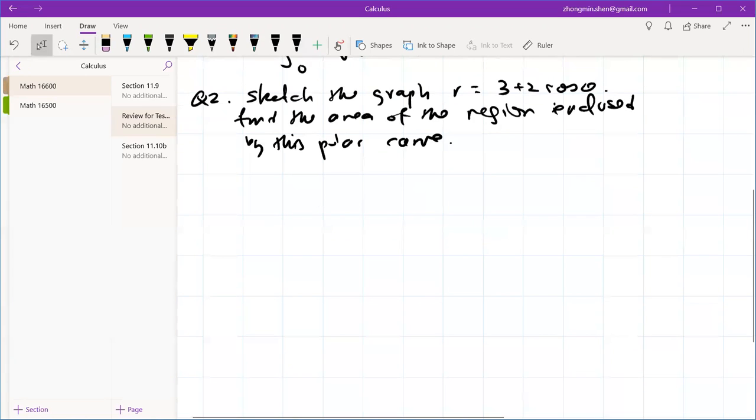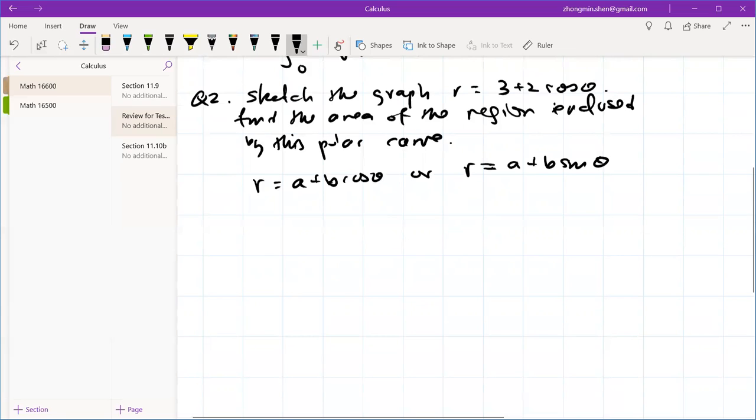Now we should know, before we sketch the graph, what the graph looks like. In general, you have r equals a plus b cosine theta or r equals a plus b sine theta. It doesn't matter which one you use. So the graph depends on the relative value of a and b.